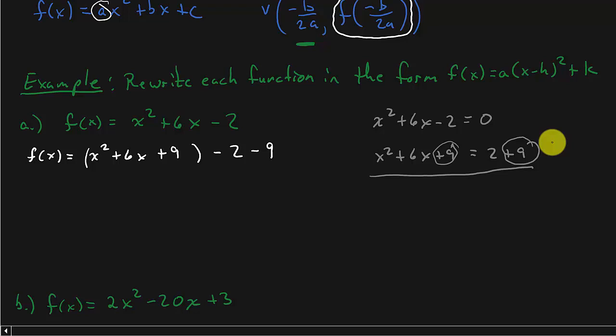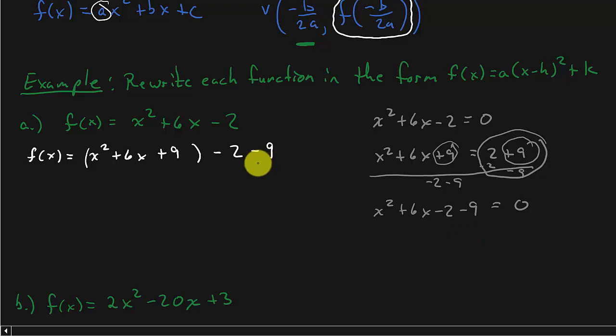But look at this. If I subtract 2 and subtract 9 to both sides, that gives me x squared plus 6x minus 2 minus 9 equals 0, right? Because this over here goes to 0. Do you see how I've got the minus 2 and minus 9? See, I'm staying on the same side of the equal sign.